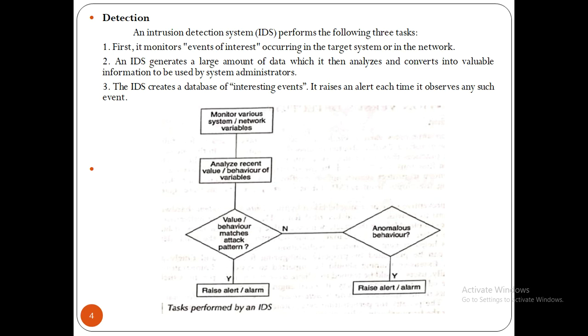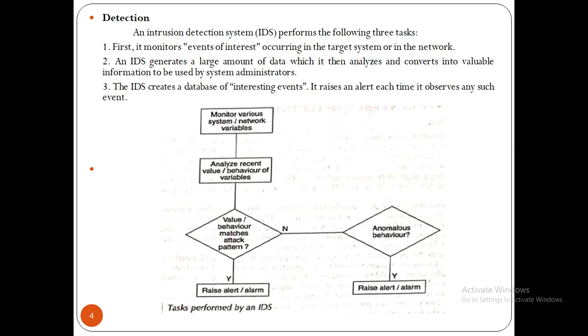Namely, what are the variables that the IDS should monitor? Next, when should an alert be raised, and when should an alarm be sounded? Next, where should the IDS be placed? Questions like these come to mind when we think about IDS functionality and its deployment.